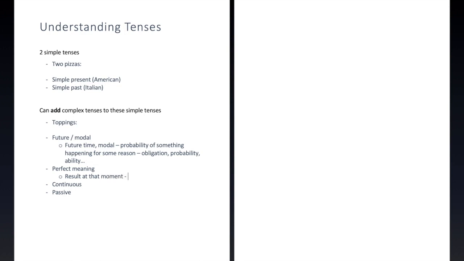For the present simple, it still needs to be a developing result. And in all cases, it has to be a result that is important at that moment. So for that moment, whatever moment that is, for present perfect, it should be a developing result.